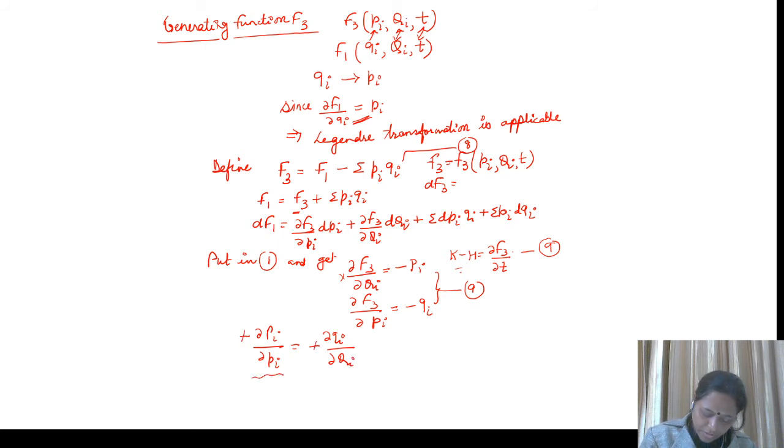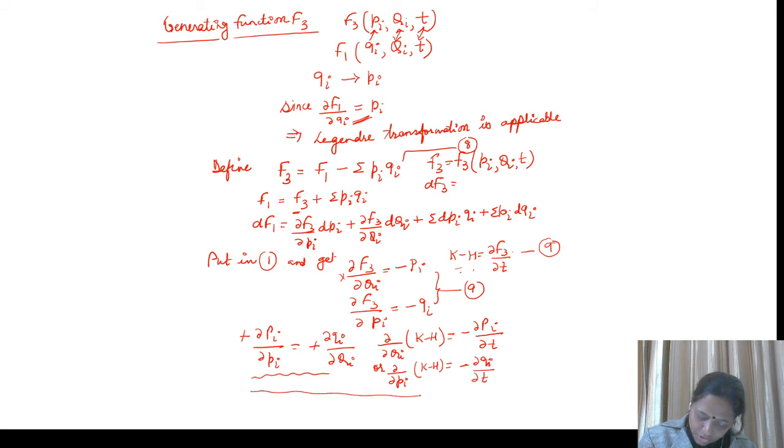So this is the Maxwell relation. And from here, if you differentiate this equation with respect to capital Qi, delta Qi of k minus h is minus delta pi delta t, or if I differentiate this equation with respect to small pi, delta pi of k minus h is delta Qi delta t. So these are the conditions for a transformation to be canonical.